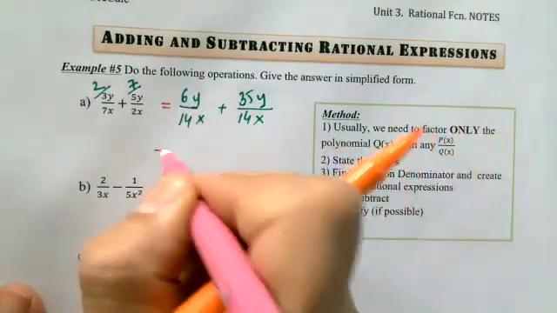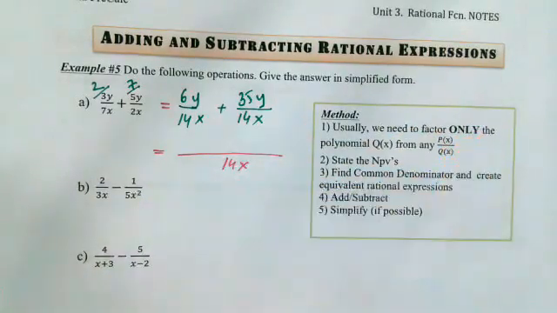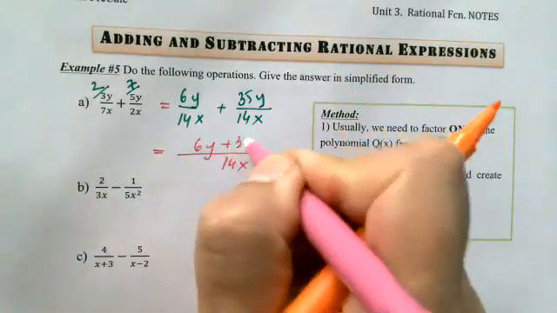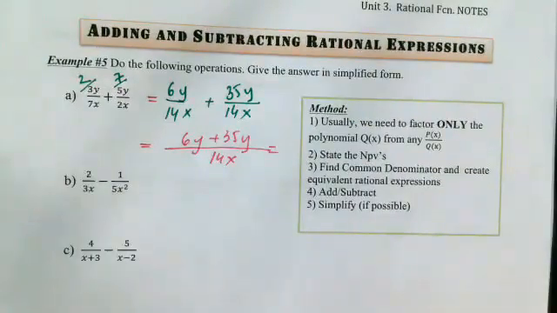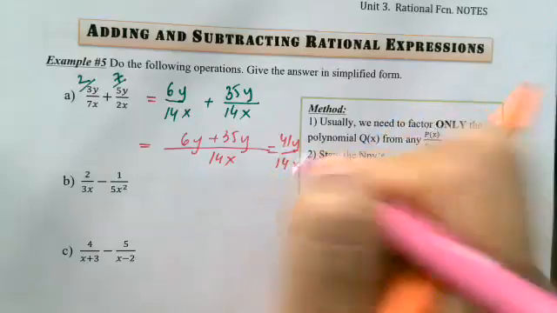So you just write it once. And add the numerator, 6y plus 35y. And if you have any like terms, you put them together. 6y plus 35y is 41y over 14x.